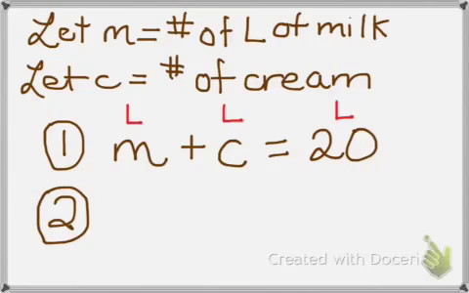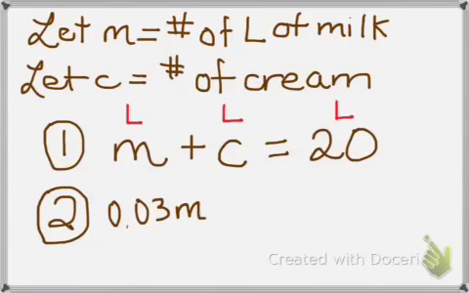So in the question we see how much 3% milk needs to be mixed with how much 15% cream to give 20 liters of 6% cream. So we're trying to figure out the percentage of butterfat that's in each of the milk and the cream. So we're going to multiply our milk amount, so our M, by 0.03, which is representative of 3%.